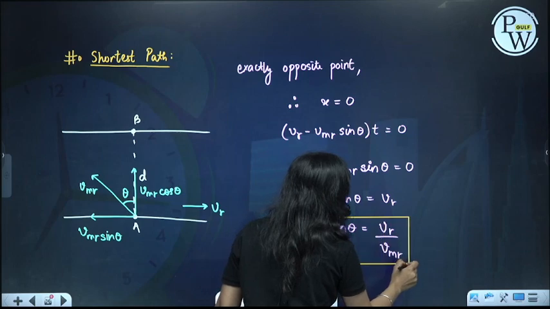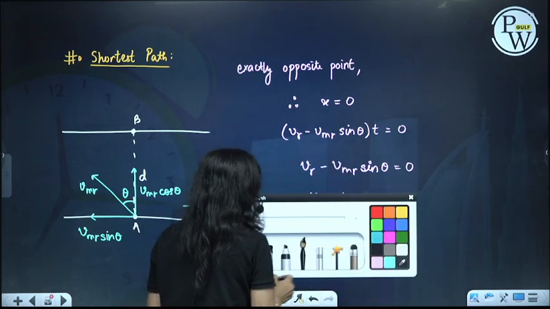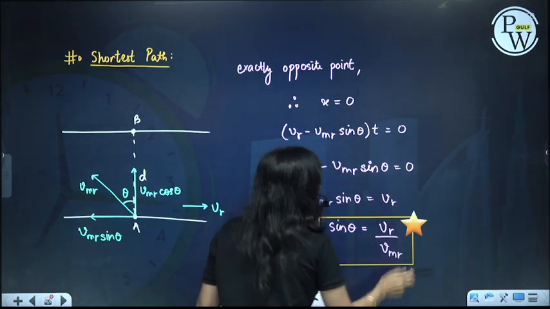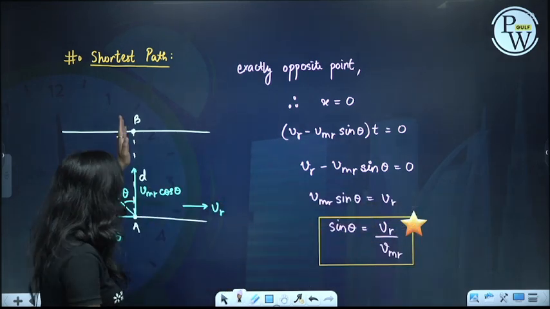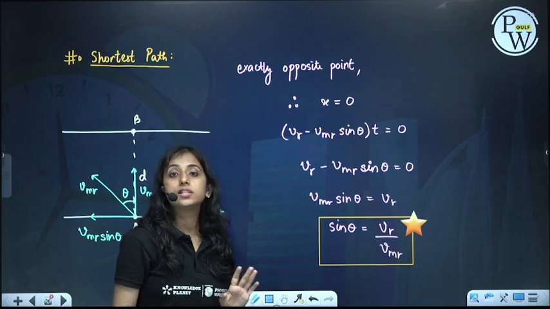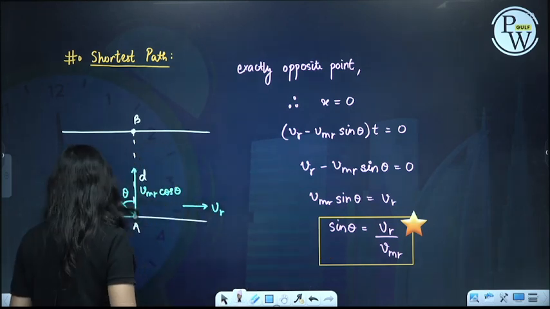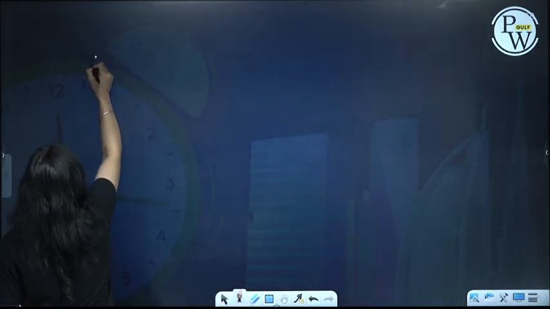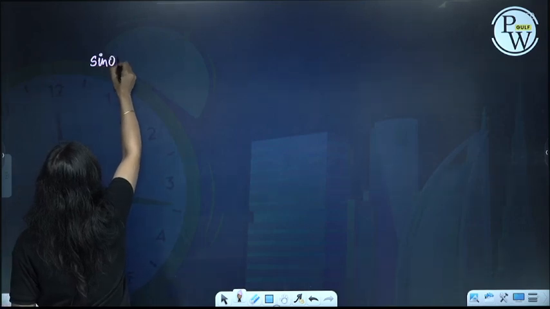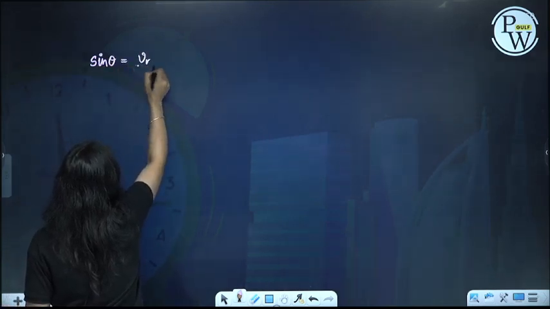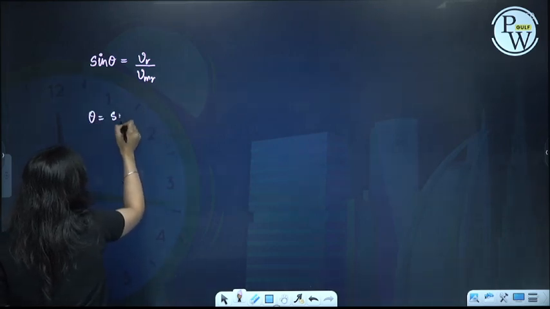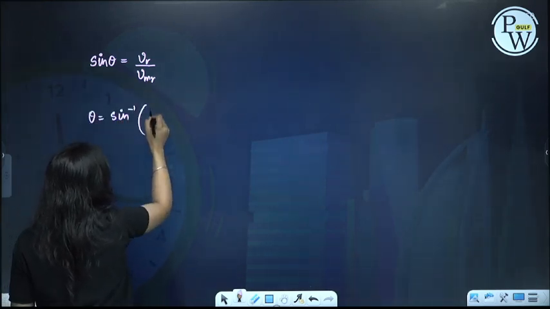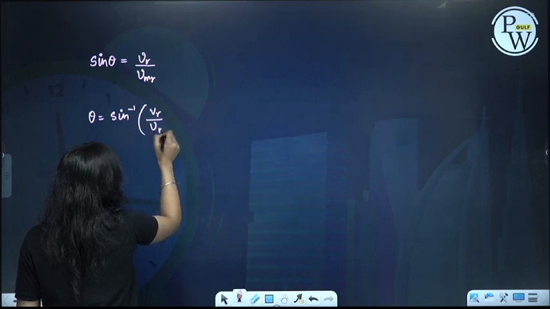So at what angle should the man move? Man should move at an angle theta with the vertical or perpendicular, where sin theta is equal to VR divided by VMR, or theta is equal to sin inverse of VR by VMR.